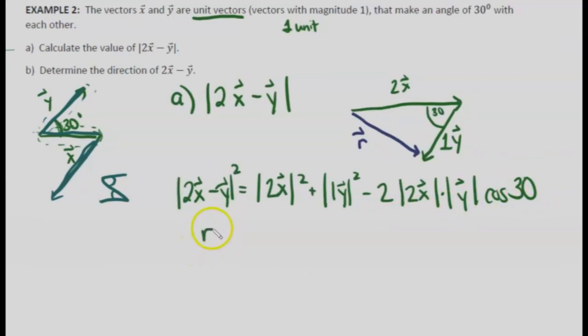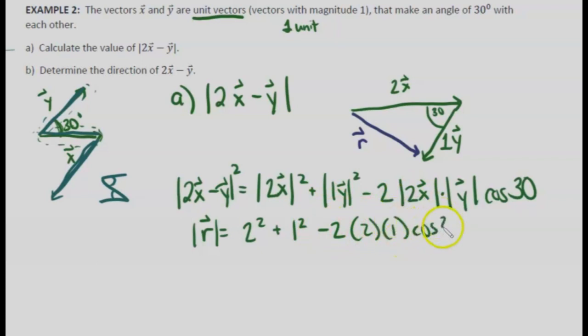Let's write this as the magnitude of vector r equals, so 2 times a unit vector has a magnitude of 2, so this is 2 squared, plus 1 squared because 1 times the unit vector has a magnitude of 1, and then minus 2 times 2 times 1 times cos 30.